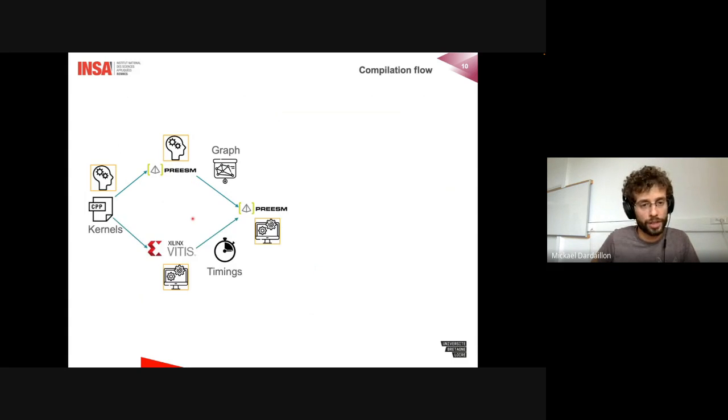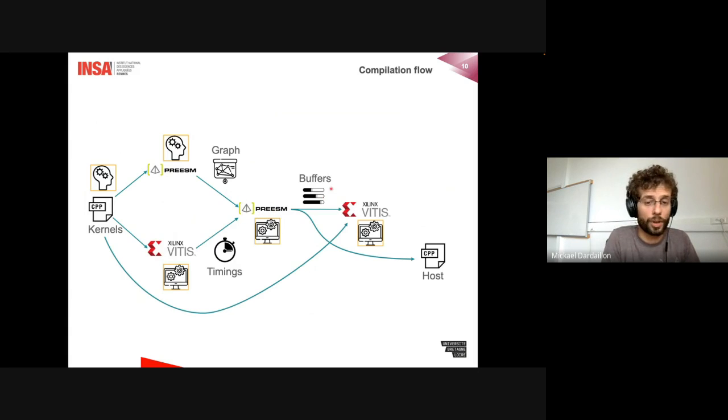Then our tool is going to take those two inputs, and based on Xilinx Vitis, is going to compute all the timings to know the performance of each actor, gather all this information inside Prism, compute all the buffer sizes, and then take all the kernels and put them into Vitis to generate a bit file, which is the file created to program the FPGA, as well as a CPP code for the host if you are programming using bare metal or OpenCL, or there is also a Python code for the PYNQ version.